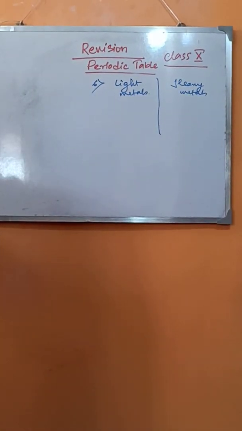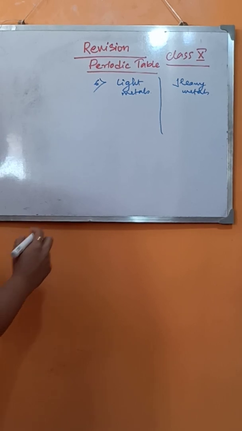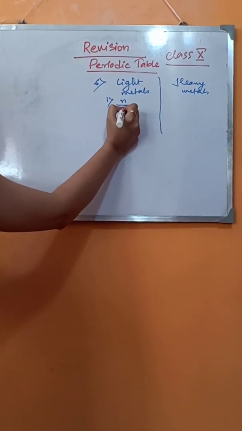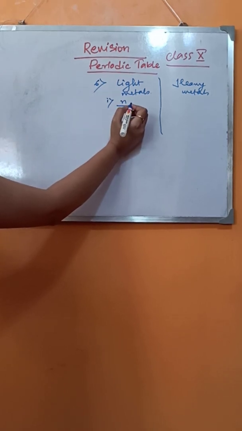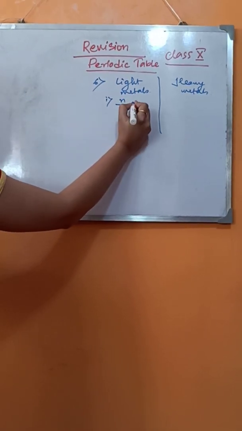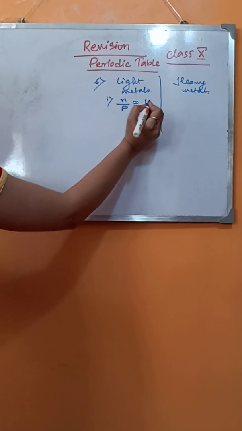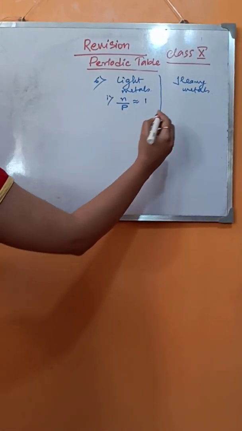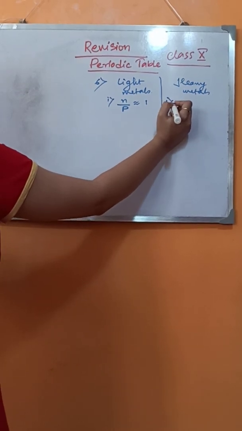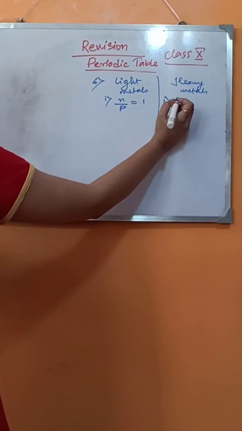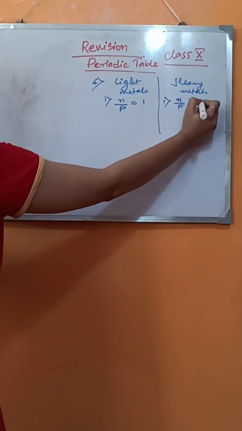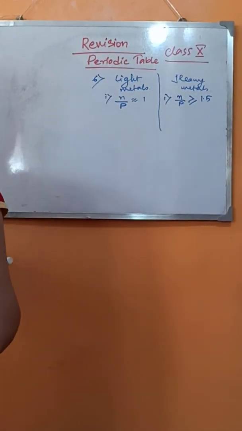So, what are light metals? The elements in the periodic table basically which have the neutron to proton ratio around 1. They are known as light metals. Then what are heavy metals? Heavy metals are basically the radioactive elements. They have a neutron to proton ratio greater than equal to 1.5.